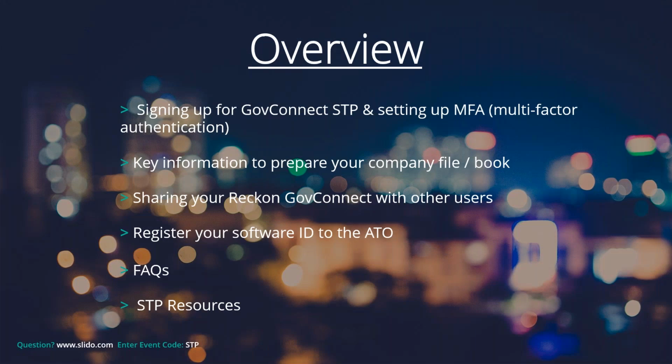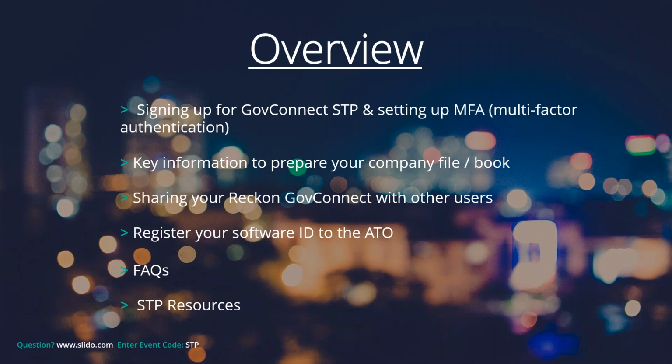Just to give you a brief overview of what we're going to go through today. I'll go through how to sign up to Reckon GovConnect and setting up your MFA, which is your multi-factor authentication. Also some key information you need to prepare within your company file if you're using Reckon Accounts, or your book if you're using Reckon One.